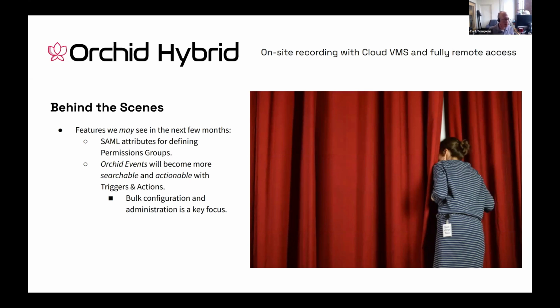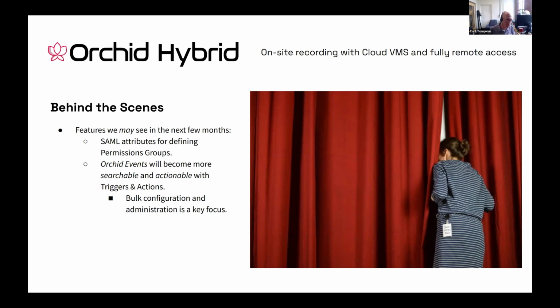So Orchid's event system already gives you the ability to see analytics events, right? To see ONVIF metadata that's generated by cameras, but we now want to make that metadata actionable and easy to configure. So we're looking at things like tagging mechanisms, ways that administrators can easily set up ONVIF events across mixed environments.